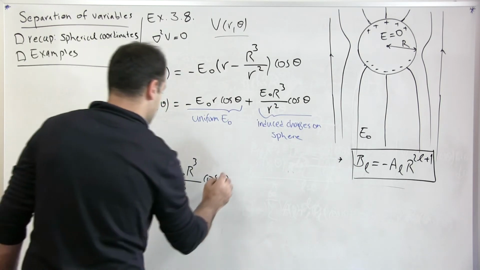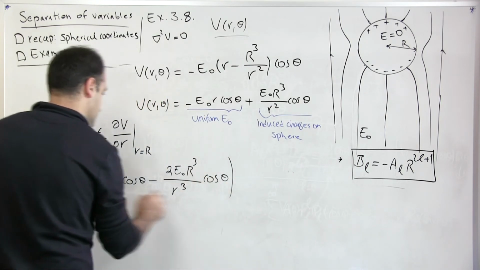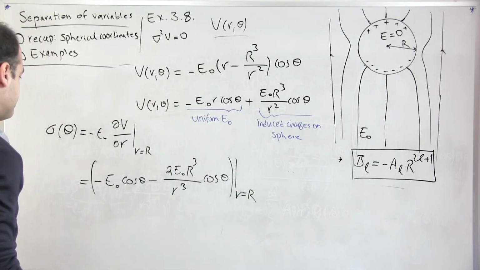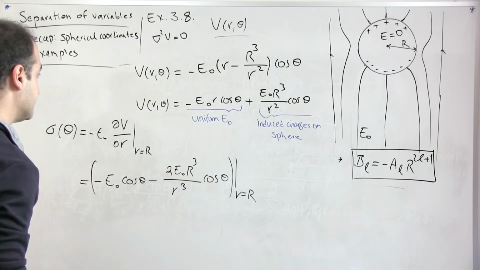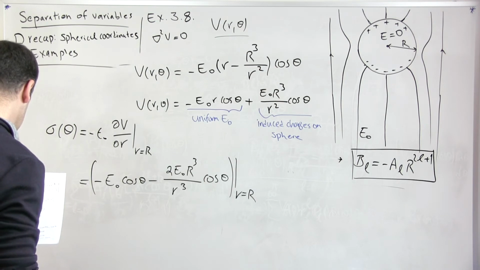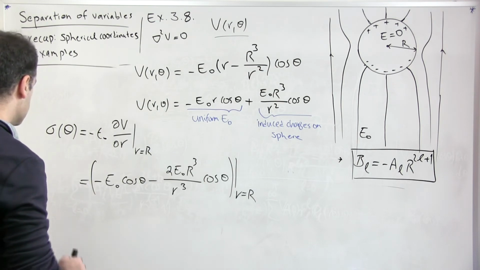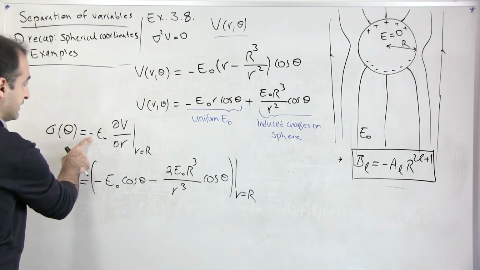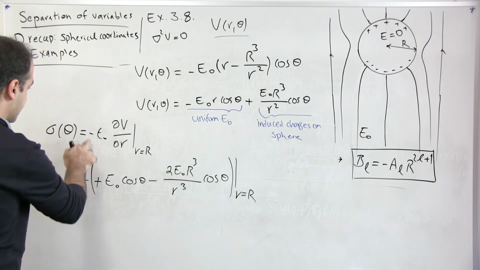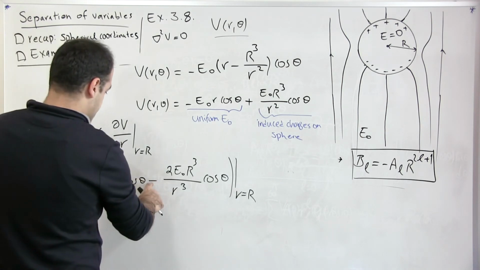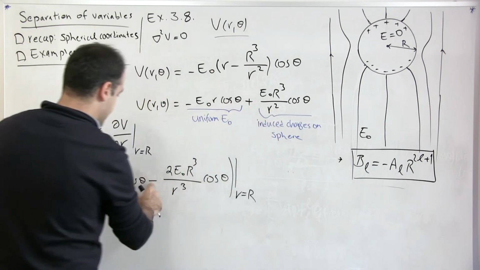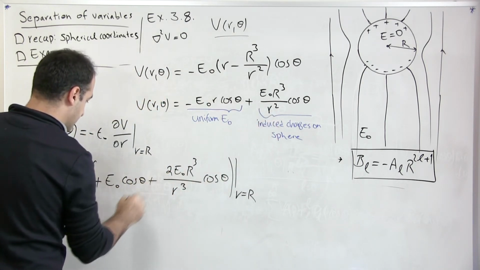Okay, so this needs to be evaluated at r equals R, right? So we have a negative sign here, and the negative sign with this negative sign becomes positive, okay? And then we have a negative sign here again. The negative sign here is from the r^2 being in the denominator, giving me a negative 2. With this combined, it becomes positive again.